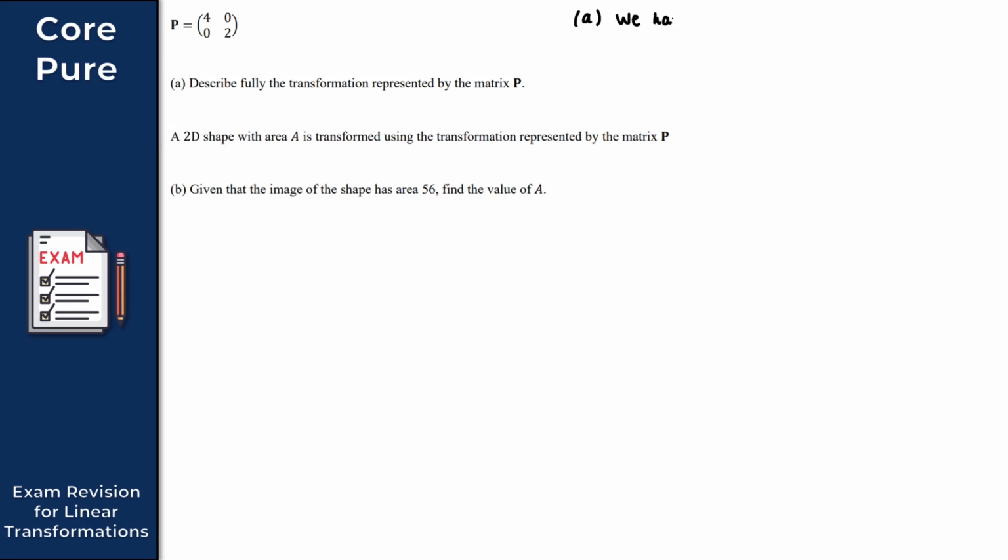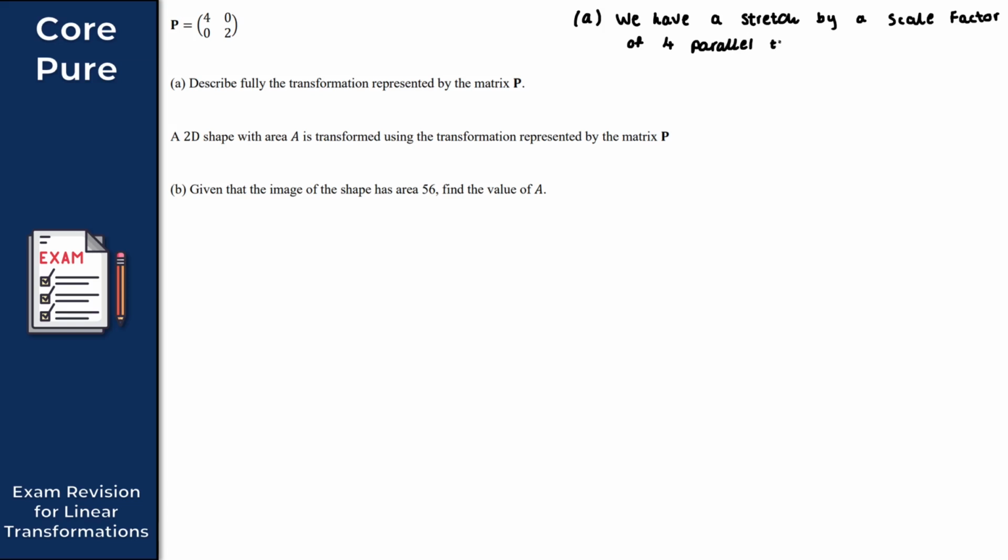So we have a stretch by a scale factor of 4 parallel to the x-axis.